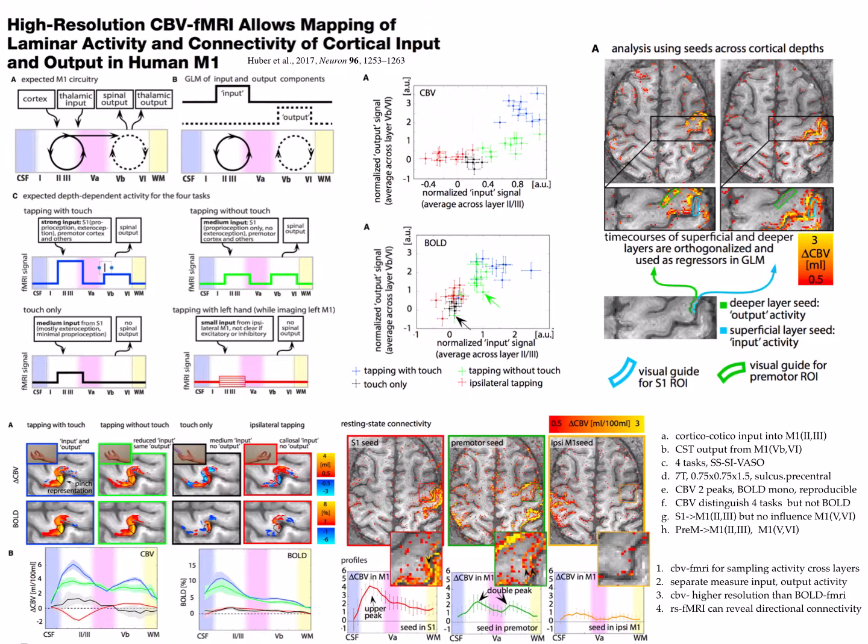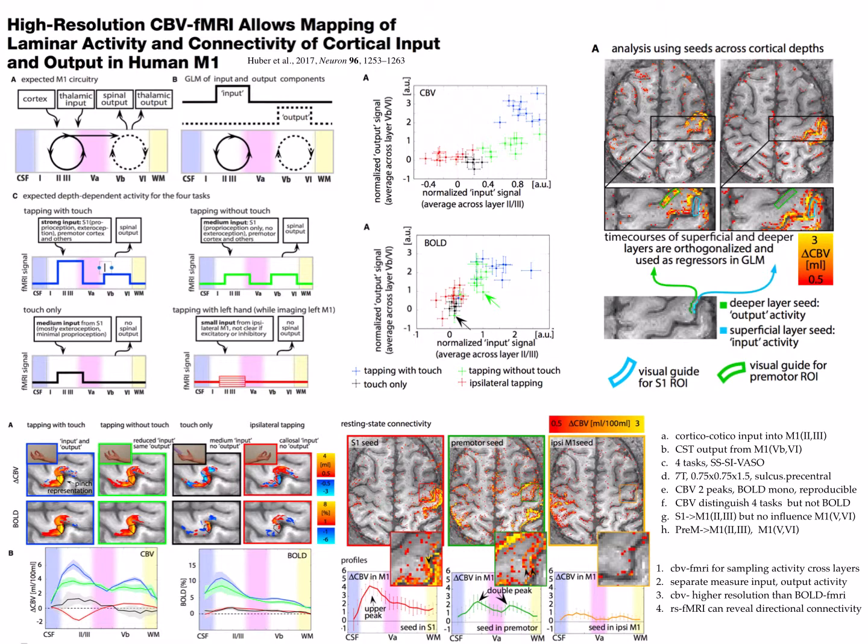So we expect you will get 2 signals: one from layer 2, 3, that is S1, and maybe premotor can give some input through these layers, and also you can get signal from layer 5, 6 because it sends out control signals to the muscle.